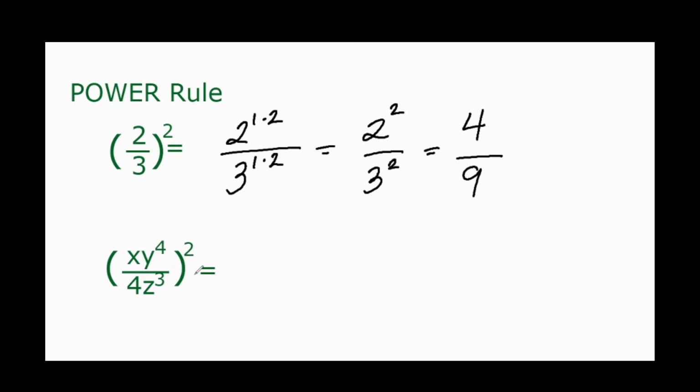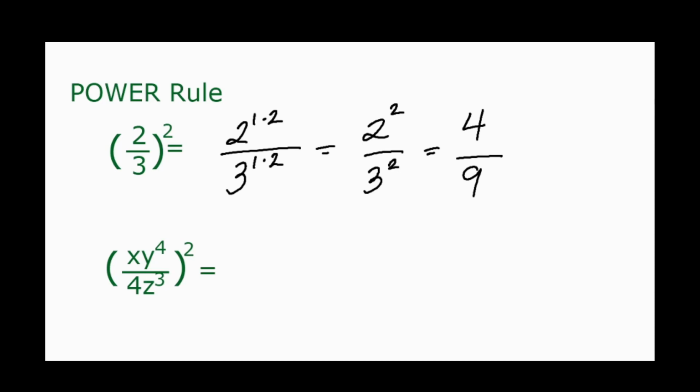Okay? So what about our second example? We have here x, y raised to 4 all over 4z cubed quantity raised to 2. As you can see, the whole expression is raised to 2 or has been squared. So we have to multiply 2 to the exponents of all of the coefficients inside the parentheses or the grouping symbol.